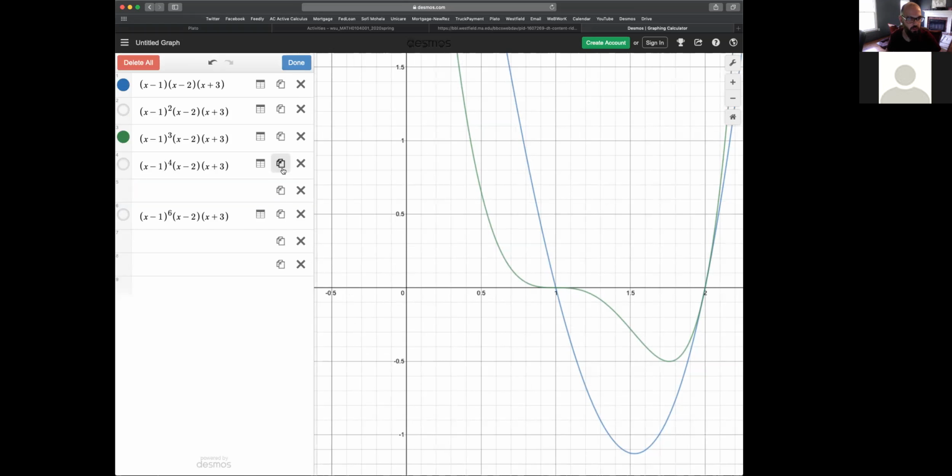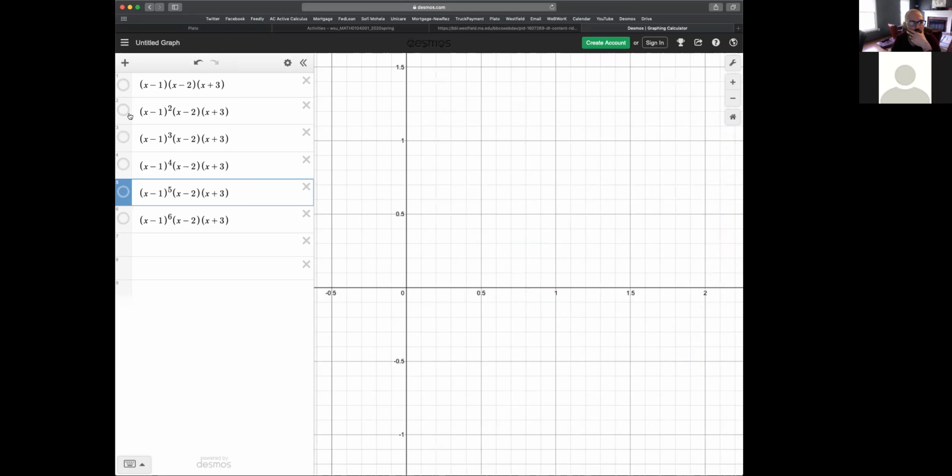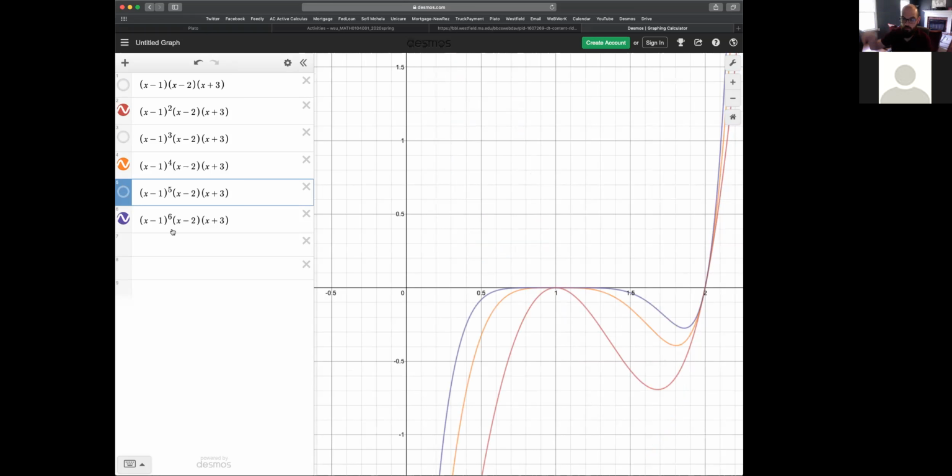So we actually cross the x-axis here. Let's throw in a 5th power just for good measure. So if I look at the odd numbers, they actually cross the x-axis here and come back down. And then when I look at the even numbers like this, they bounce off the x-axis there, and then they come back down.